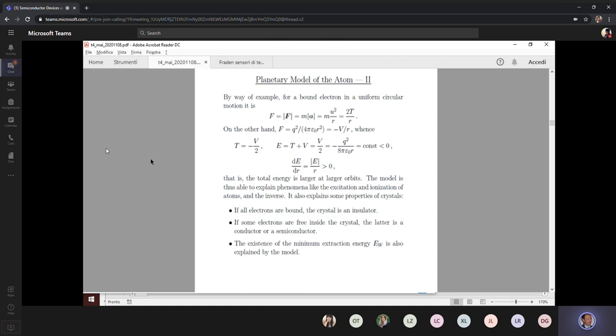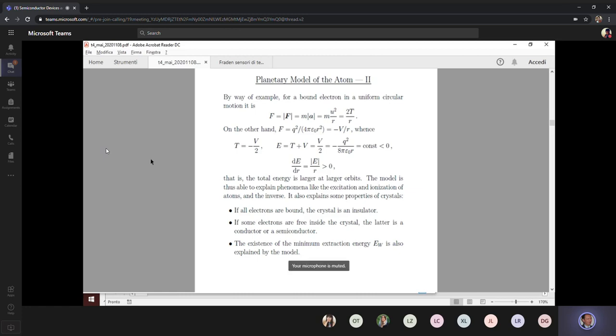So in a circular motion, the force is equal to 2 times the kinetic energy divided by the radius. On the other hand, the force is Q squared divided by 4 pi epsilon 0 r squared, which is also equal to minus the potential energy divided by r.